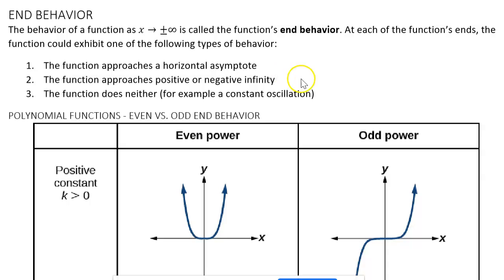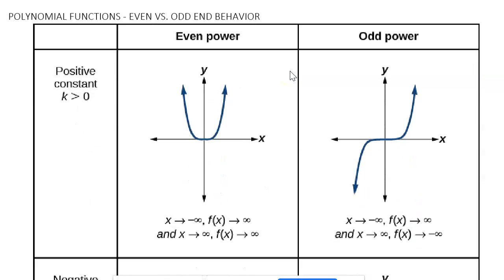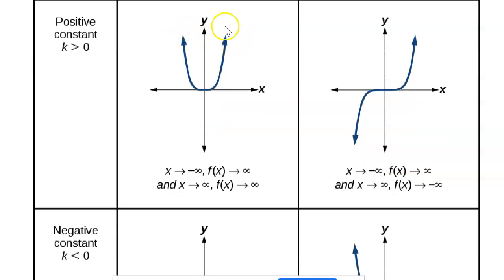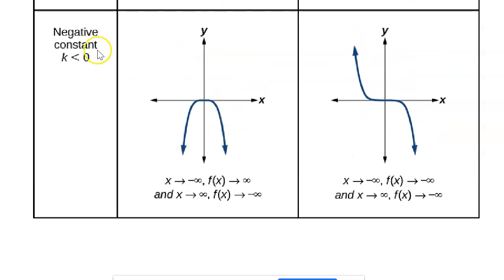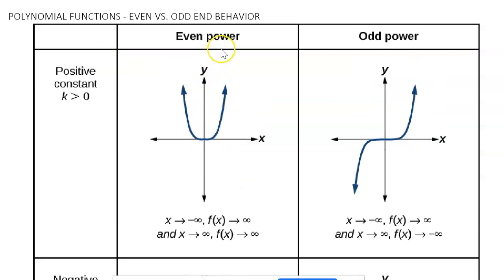One relationship you should have memorized, but is included in this notes presentation, is that an even function has positive end behavior if the leading coefficient is positive, and negative end behavior if the leading coefficient is negative. Even would be x squared, x to the fourth, x to the sixth, anything where the leading exponent, the highest degree, is even.